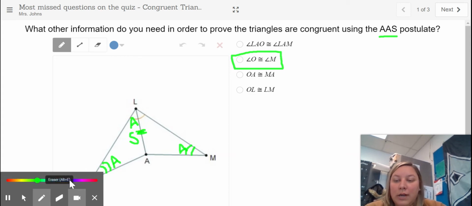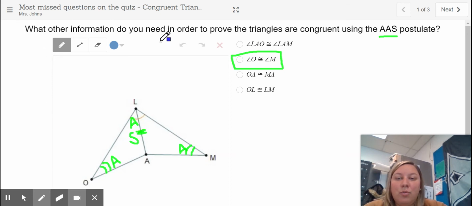So I do have another question that you're going to answer here. What other information would you need to prove the triangles using side, side, side? Okay, so we do have the reflexive property, right? We're trying to figure out what other information you need for it to be side, side, side?